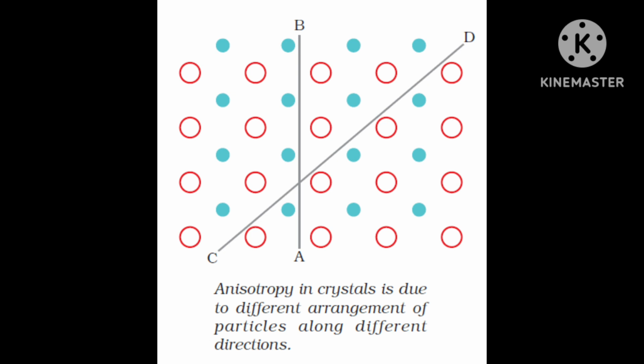Suppose a big cube is there. Suppose you have taken a little big cube, and you cut it into so many pieces. After that it will become very, very small.